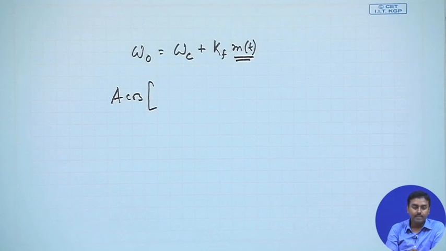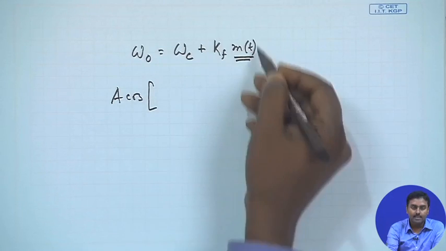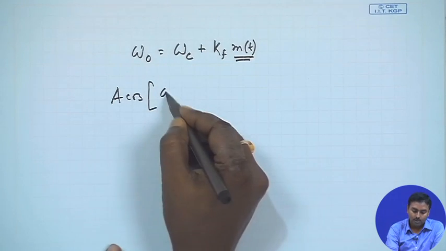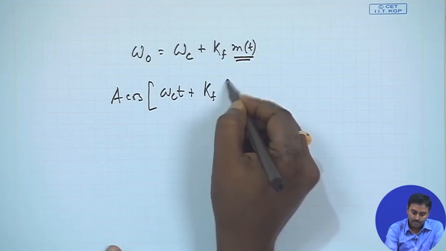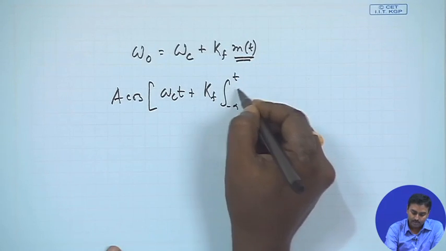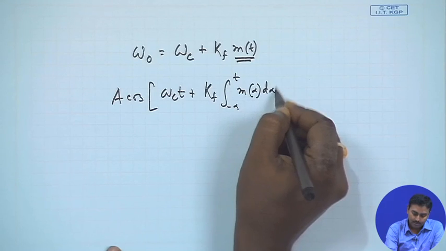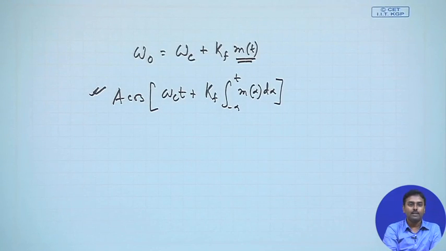And if this is the frequency, the phase will be omega ct plus kf integration from minus infinity to t of m alpha d alpha. This is something we have already explored, and that is actually the FM modulated signal. So, that gives me a direct modulation where this kf is chosen by that particular varicap, right.